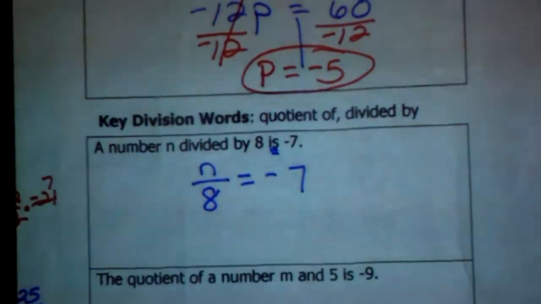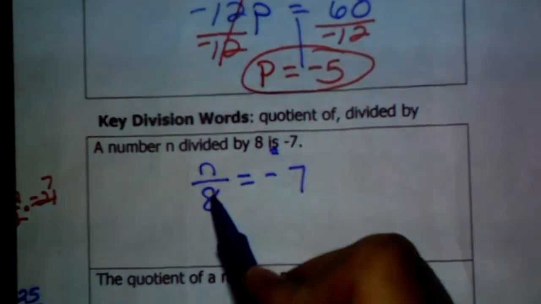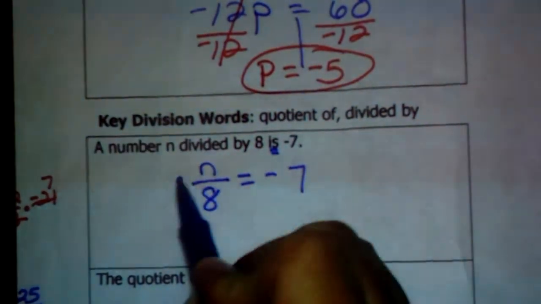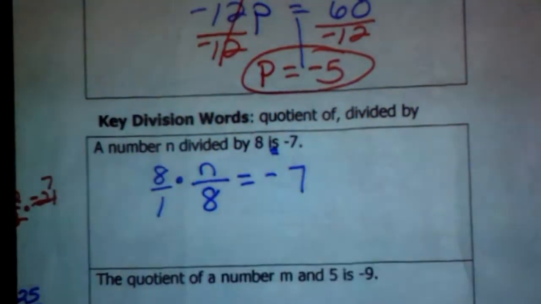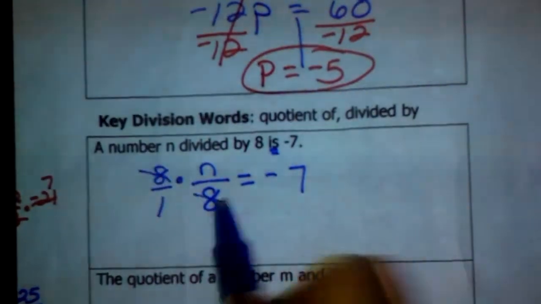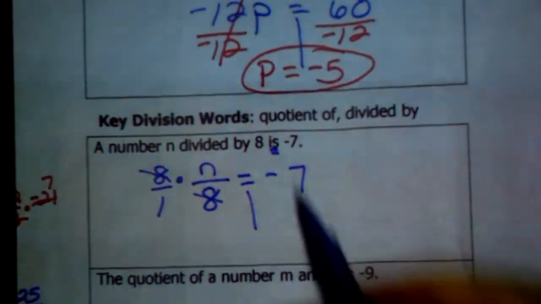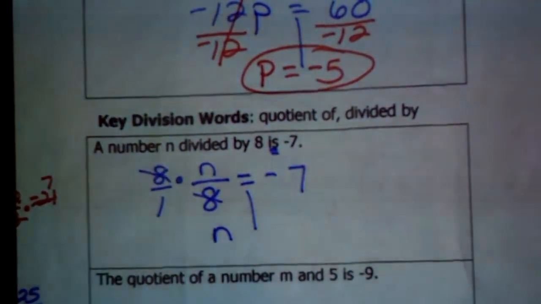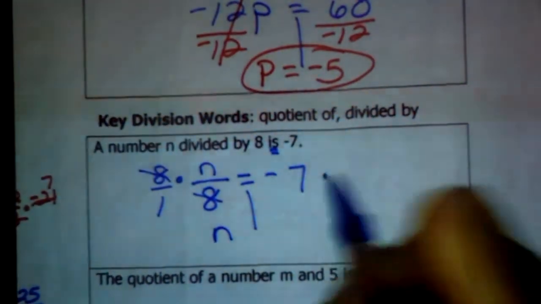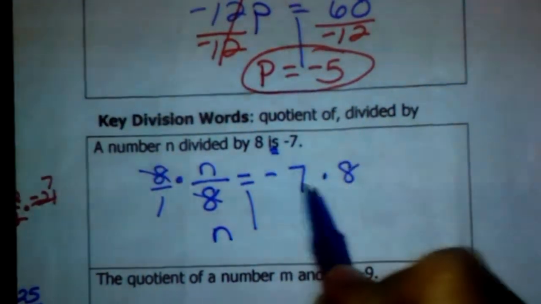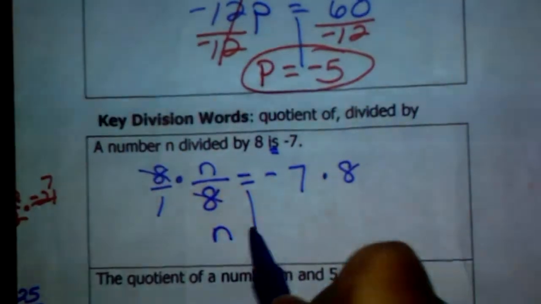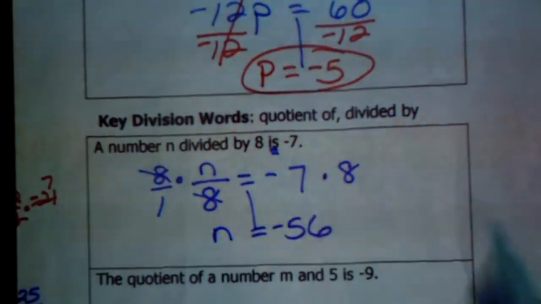You multiply by whatever number is being divided by the variable. So for n divided by 8, to get rid of that 8, I'm going to multiply by 8, or 8 over 1, so I can do some cross-canceling business. So I end up with n over 1, or just n. But I have to also multiply the other side by 8. Negative 7 times 8 is negative 56.